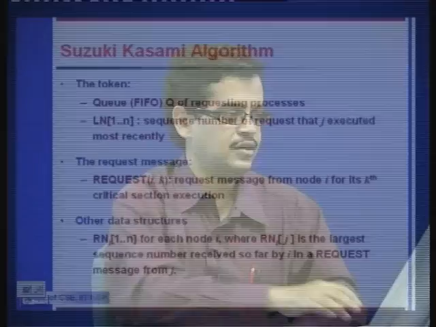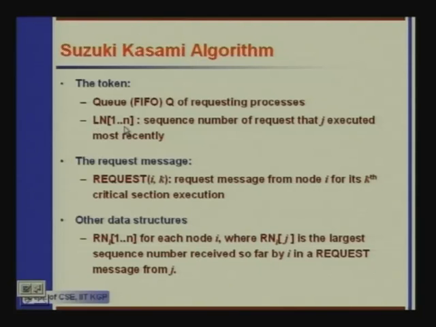and this array LN[1..n] is an array which records the sequence numbers of the requests that were executed most recently. So, if LN[j] is 5, we know that for process j the requests 1, 2, 3, 4 and 5 have been served already.